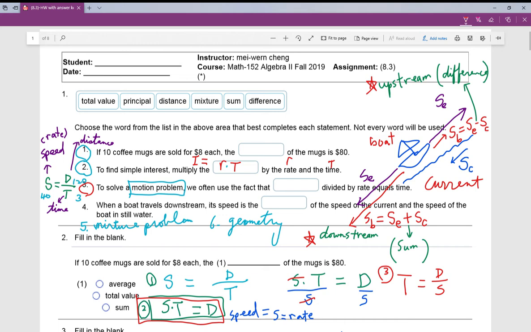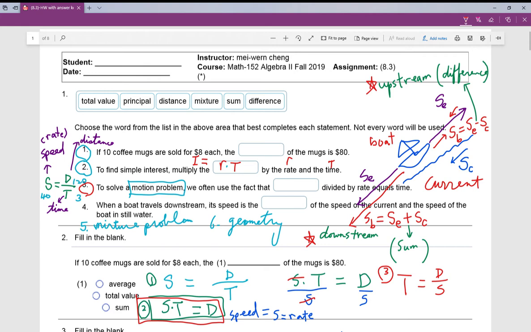So we say the current always goes downstream, and the speed of the current may push the boat. If the boat goes upstream, then the speed of the current will deduct the speed, pushing the boat back and making it slow down.